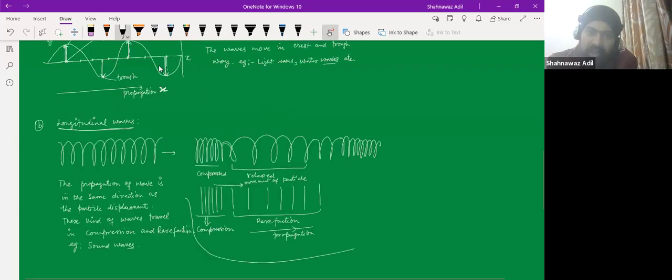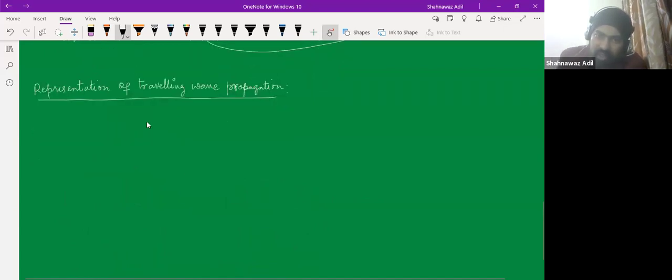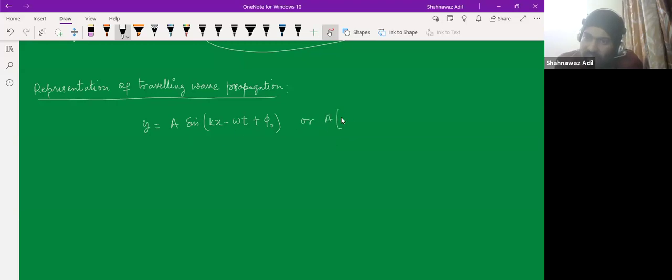So displacement of this particle y. What is this y? So y is represented as A sin(kx - omega t + phi), right? Or if we write it like this, A sin(omega t - kx + phi), right?